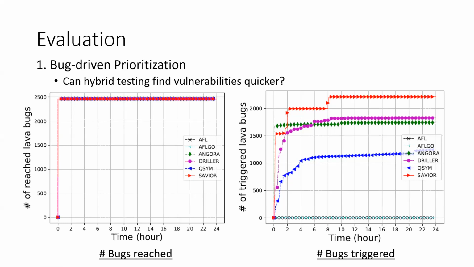For example, for the integer overflow, it actually manages to find the input to cause the overflow. Oh, okay, I see. So it means that they reached the bug, but they did not trigger it.